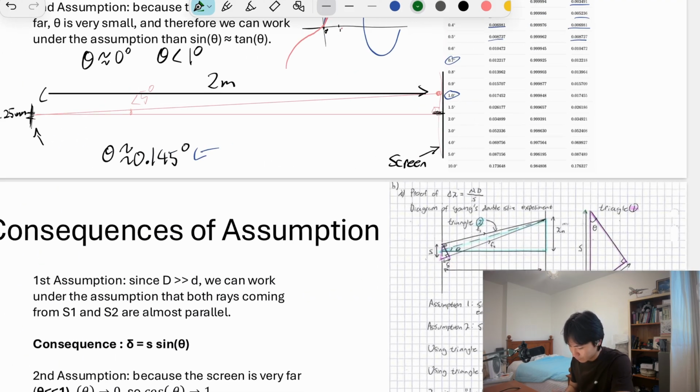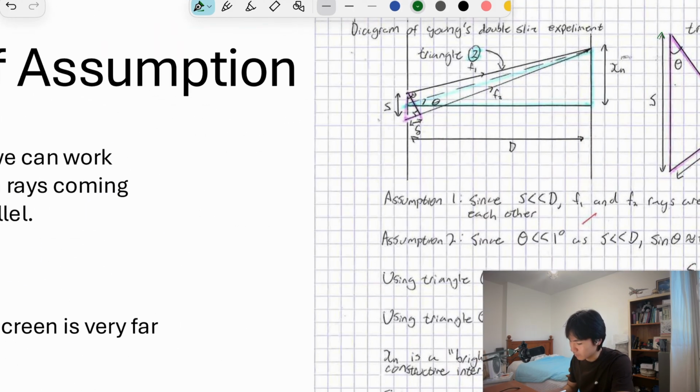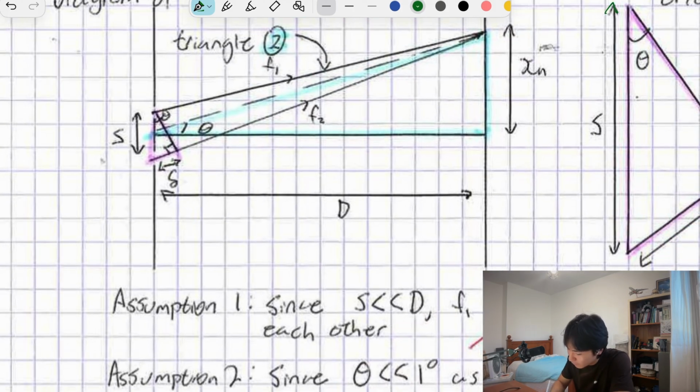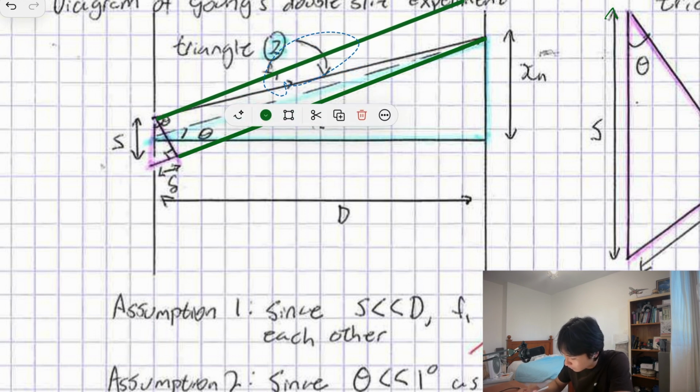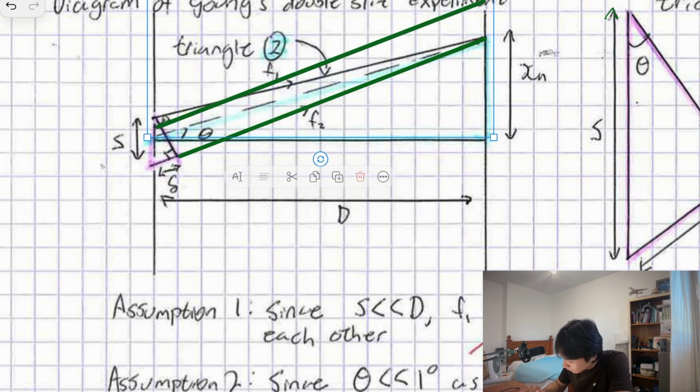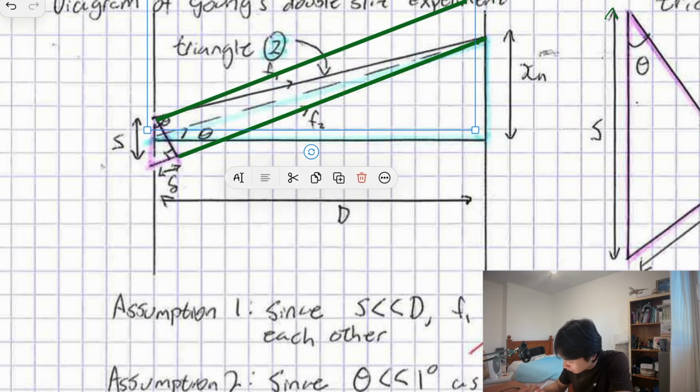So we know, as I mentioned, that there is this phase difference. Imagine that these two rays are the same length. They're parallel as well, that's what we're assuming. Okay, they're technically not parallel, but let's say that these are okay.